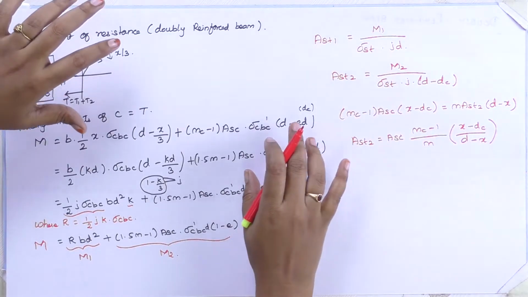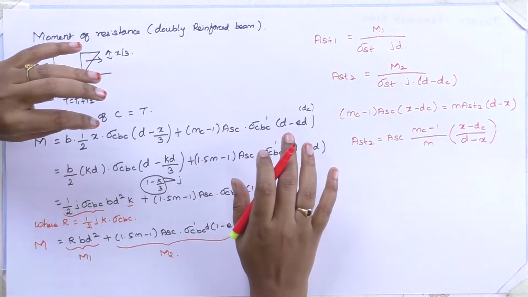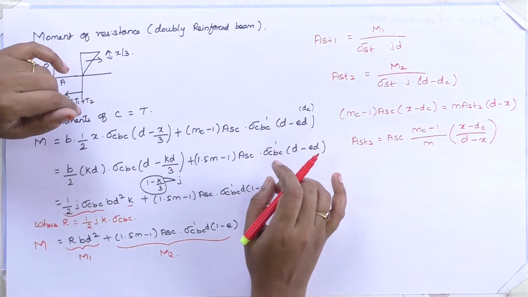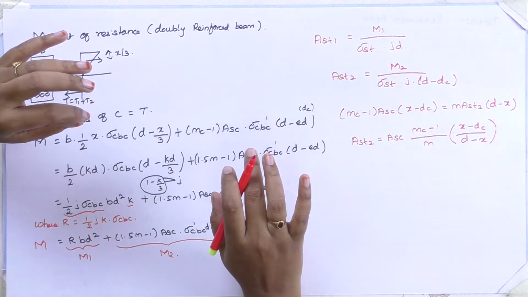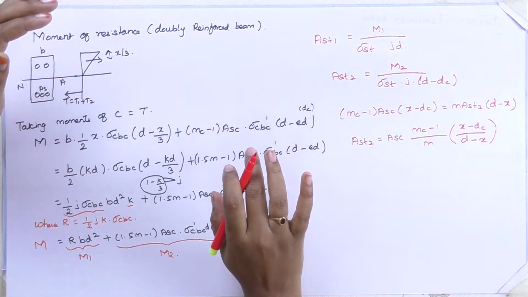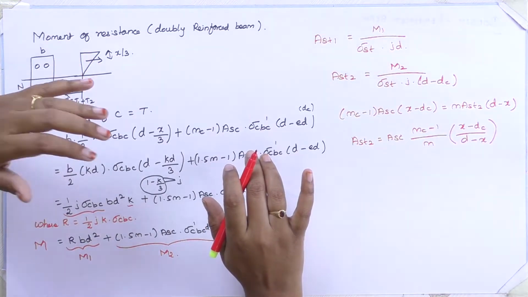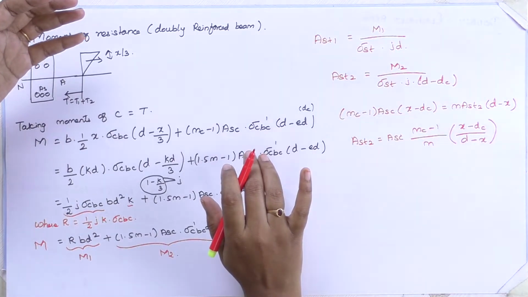Here we have the same problem divided into 3 sections. Here also we have balanced section, under reinforced section and over reinforced section for the doubly reinforced sections. In the same way, you need to calculate the actual neutral axis for the given beam. Then you need to calculate the critical neutral axis for the balanced section. From the critical neutral axis, you need to check your actual neutral axis value, whether it is greater or lower.